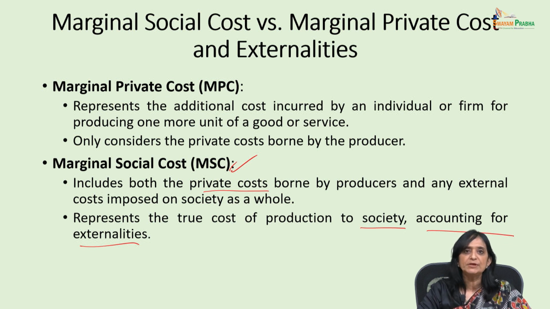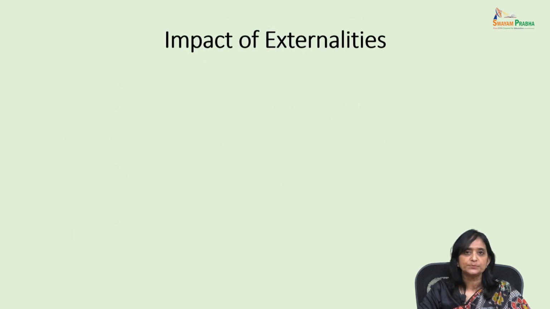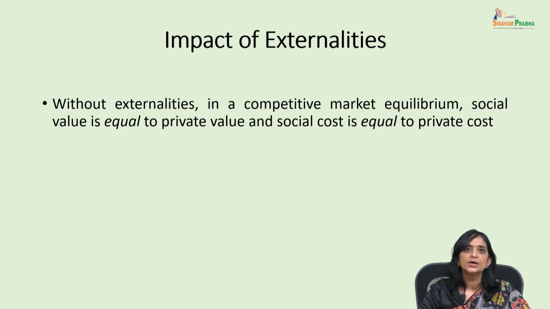So whenever we will be talking about cost now, we will be differentiating between the private cost and the social cost. Now this cost, that is the marginal private cost and marginal social cost, takes into consideration the impact of externalities.